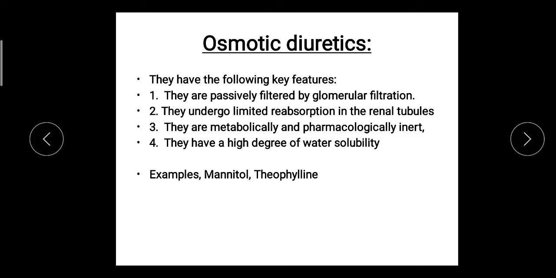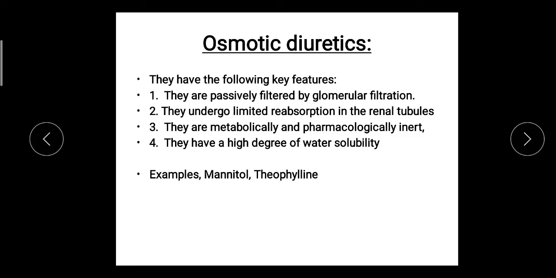and because of their size they cannot be reabsorbed again into the blood. They are metabolically and pharmacologically inert, meaning they do not block any transporter, receptor or enzyme. And lastly, they have a high degree of water solubility.